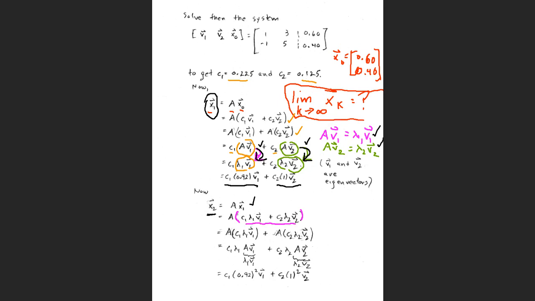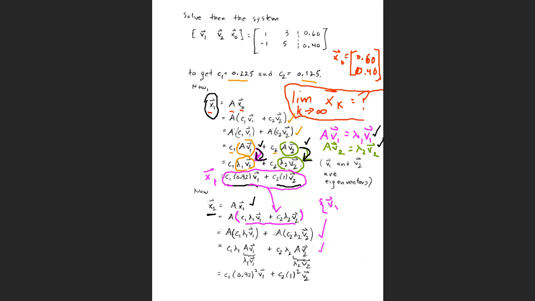Because x1, let me see here. I want to say this the way I want to say it. All we're doing is we're taking this here, which is what the vector x1 equals, and we're substituting it down here. And then we play the same game. We rewrite the expression this way.